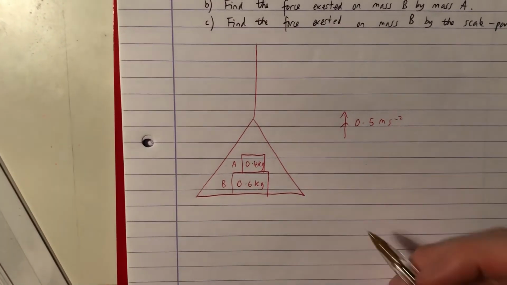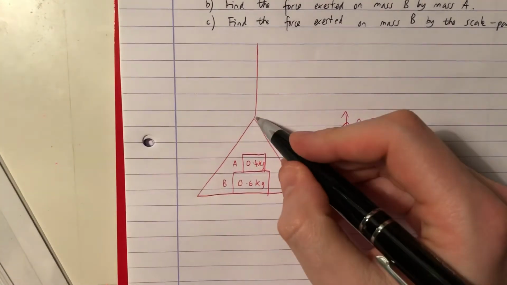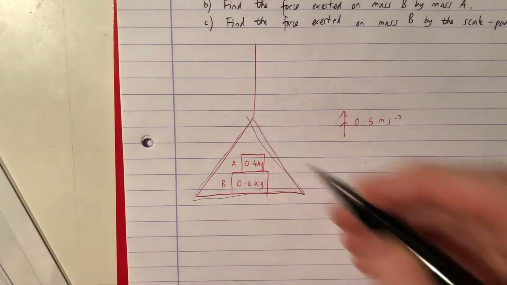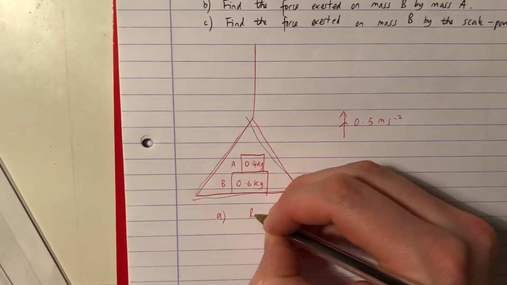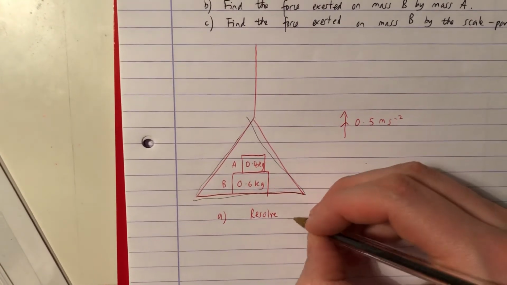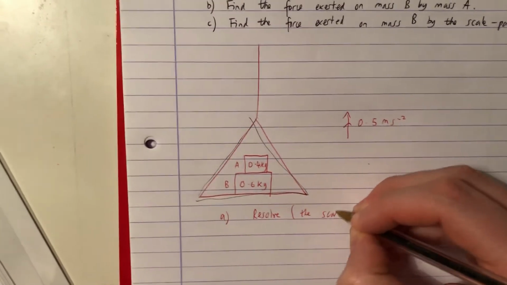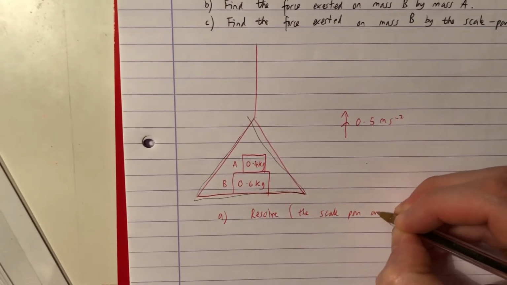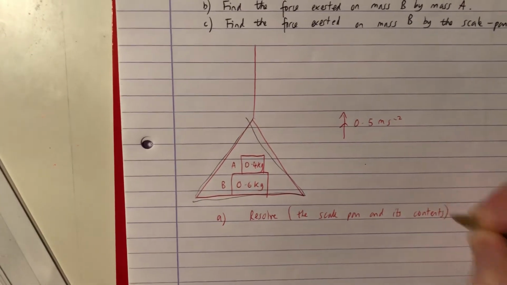So for this first one, I'm going to treat this as one entire object. So I'm going to resolve for part A the entire object, the scale pan and its contents, everything.